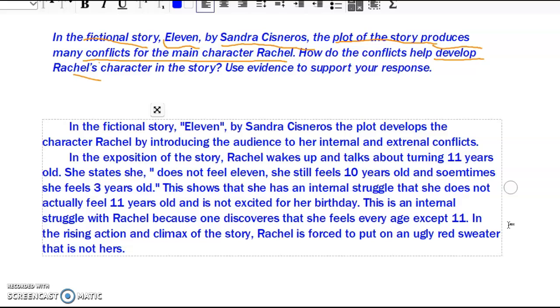This is in the text, it states, "I believe that sweater is Rachel's," said Sylvia Saldivar.